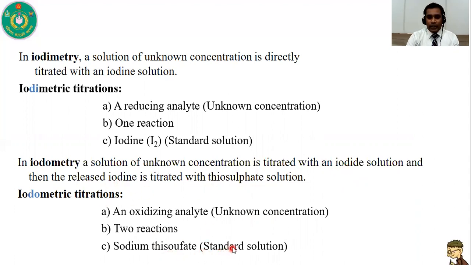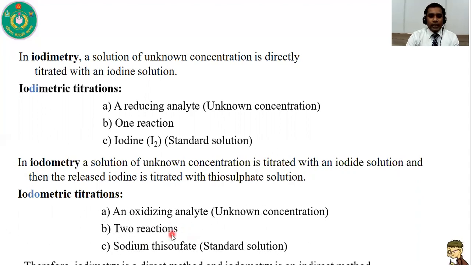So if we find out the amount of standard solution, that means sodium thiosulfate solution, then we can find out the released iodine, and this released iodine will tell the concentration of the unknown solution. So this is an indirect process and a two-step reaction.